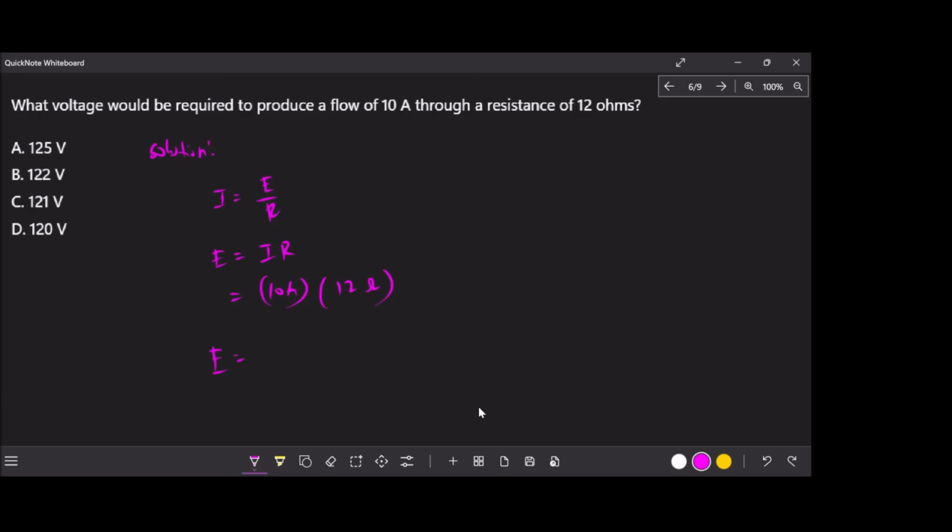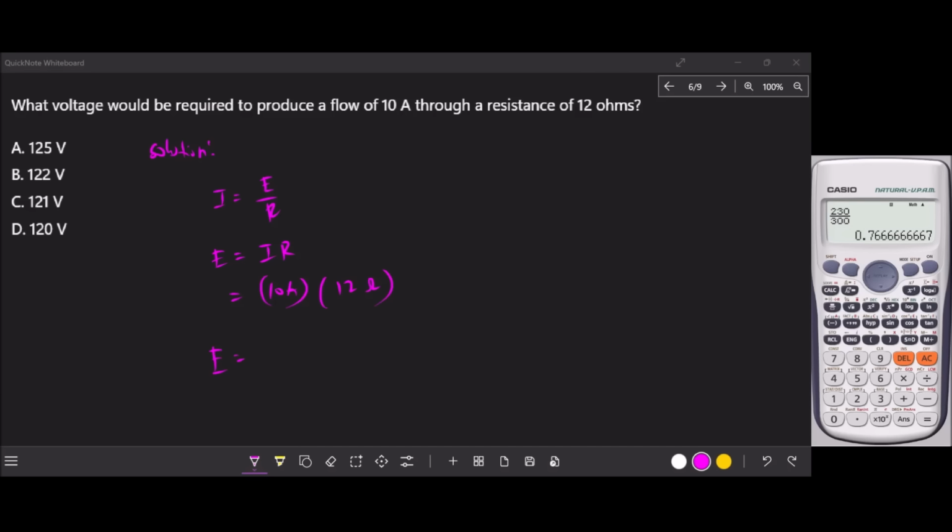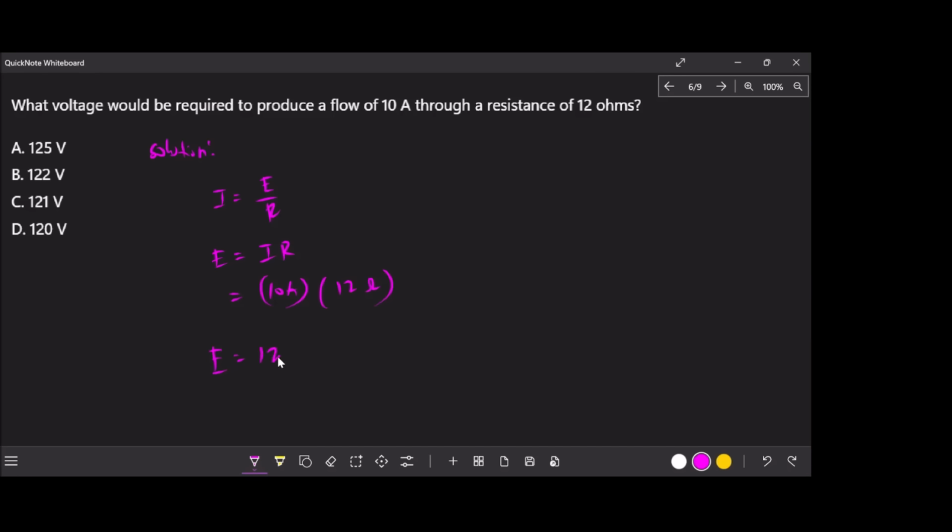So we have 10 times 12, which is 120 volts, which is letter D.